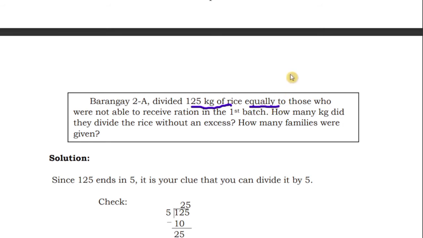Our main concern here is the 125 kilograms of rice, which is equally divided among those who were not able to get the ration in the first batch, so we're going to divide it. How many kilograms did they divide the rice into without an excess?